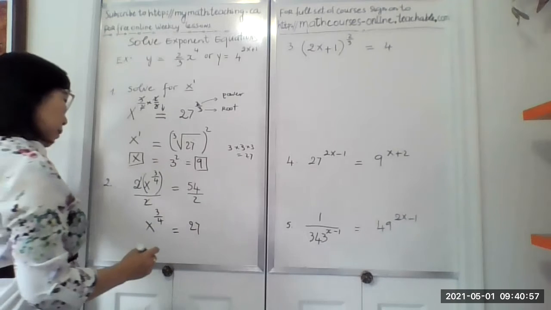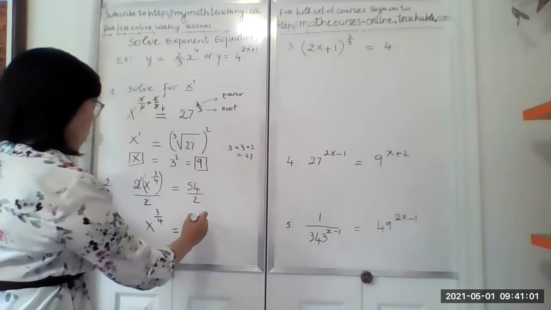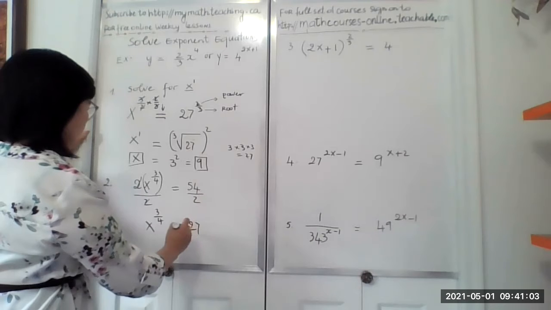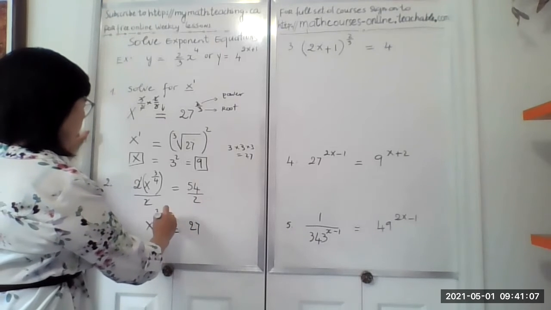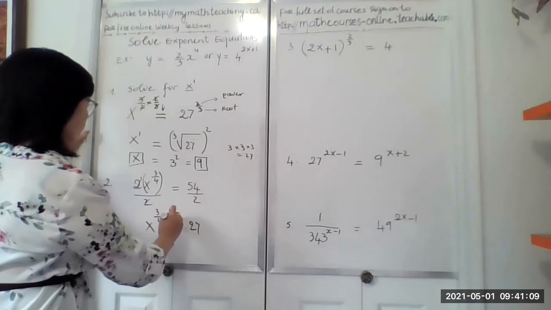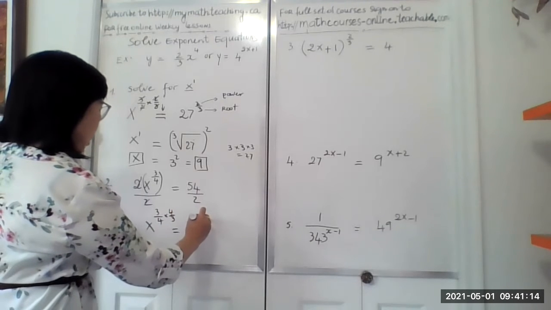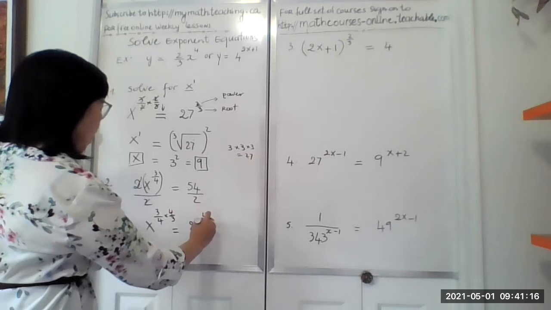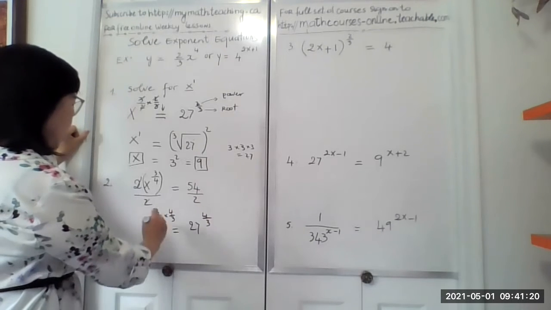At this point, I am going to times this by 4 over 3, the reciprocal again, and this number will times with 4 over 3 as well. And 1 times 4 over 3 is just 4 over 3.